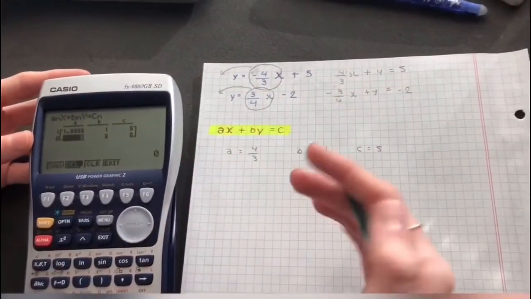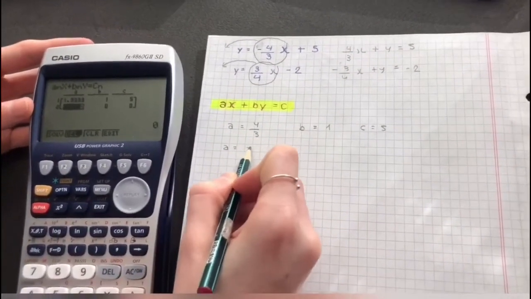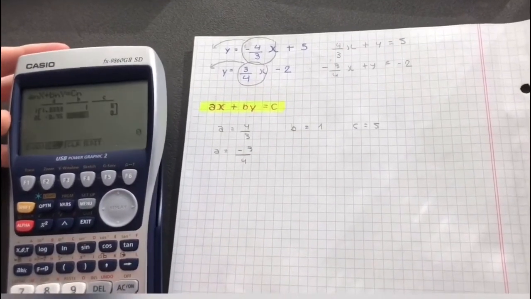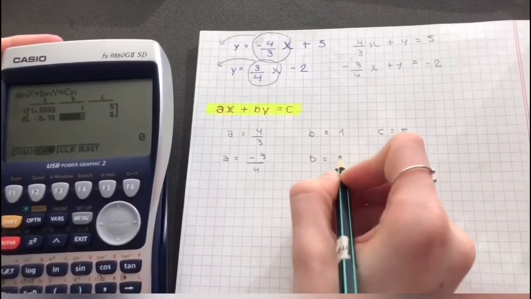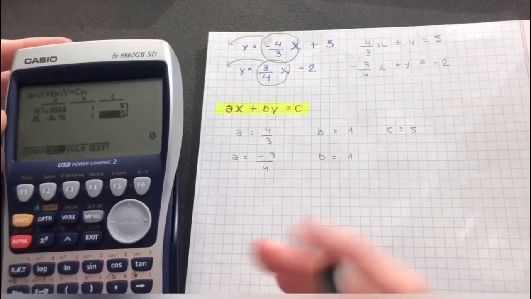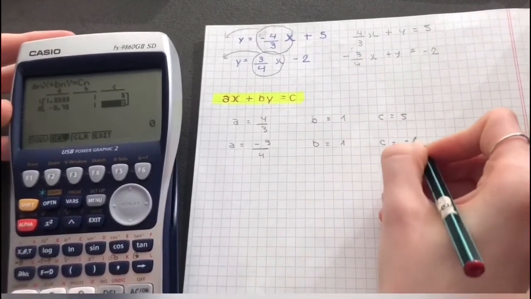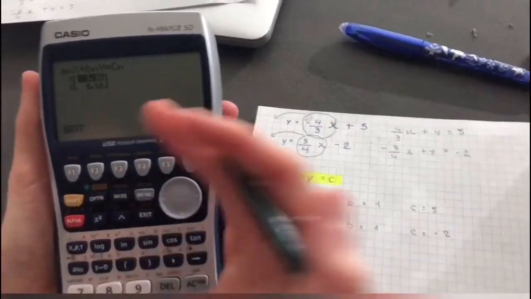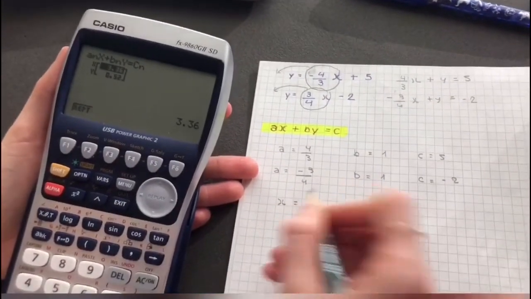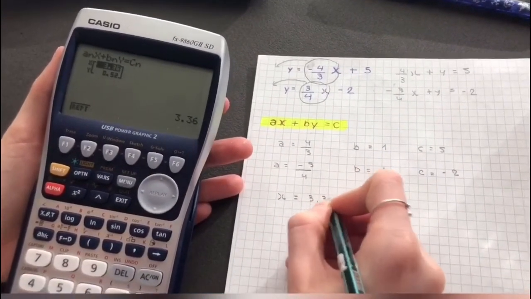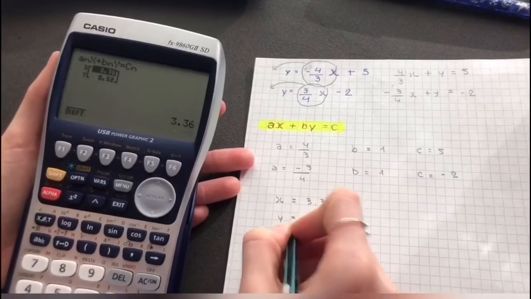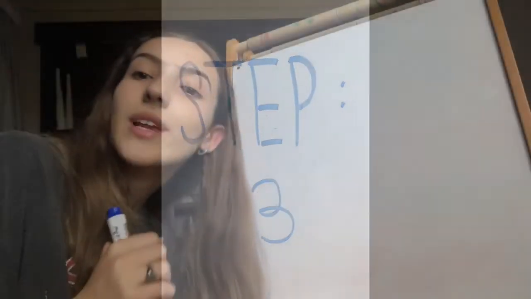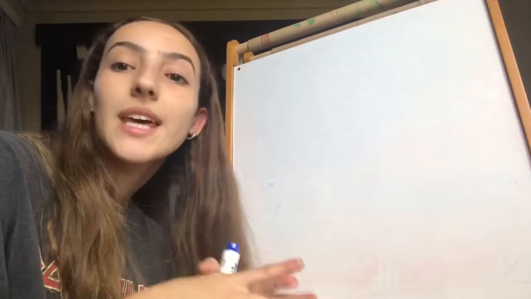Okay, so for the other one we're going to write for A minus 3 over 4. For B we're going to write again 1, and for C we're going to write minus 2. Going to solve it, and here it gives us both coordinates, 3.36 for x, and for y 0.52.